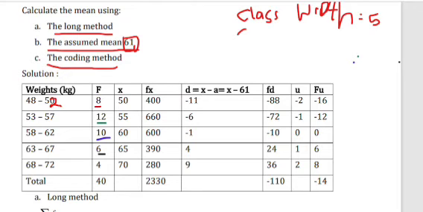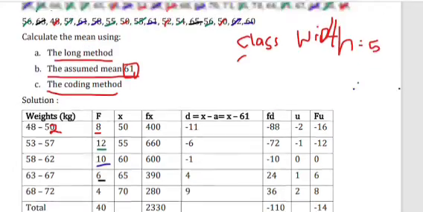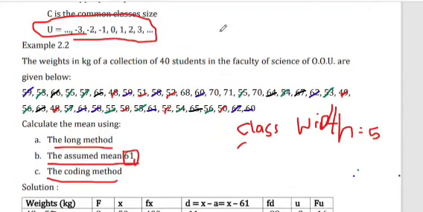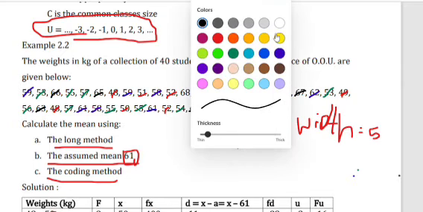Next, we go to 68 to 72. I think the remaining ones should be 68 to 72. 4 of them, let's see. 68, so 70 is there. 71 is there. 70 is there. 2 of them are remaining again. I should have changed my color. Let me change the color.